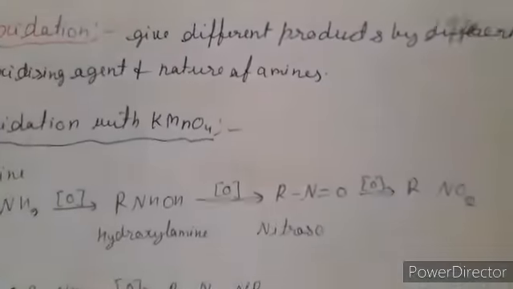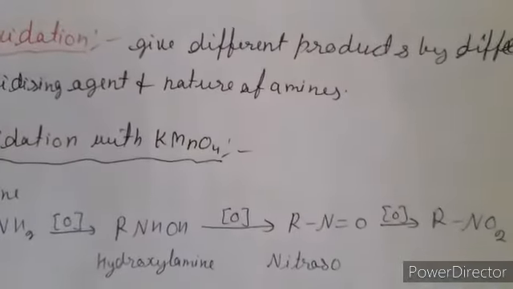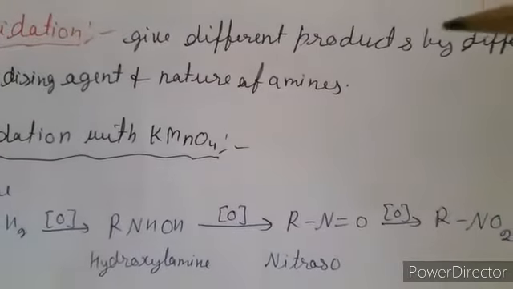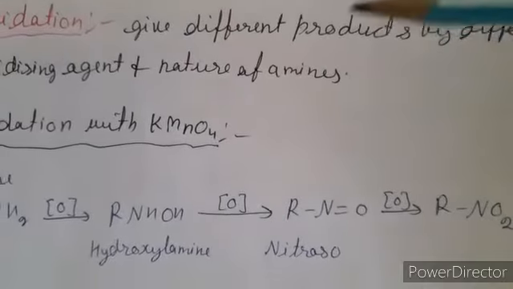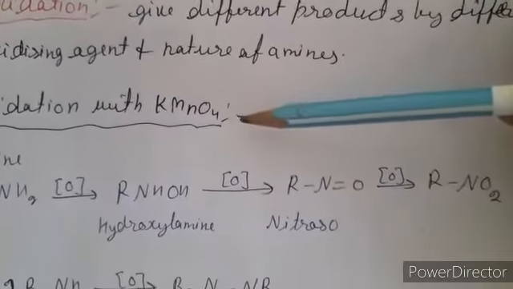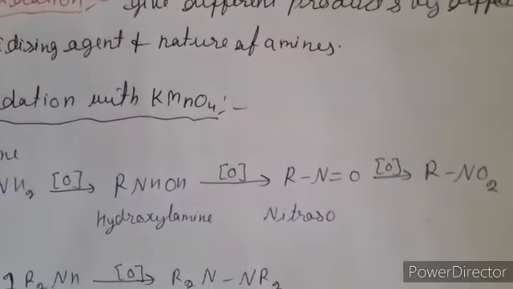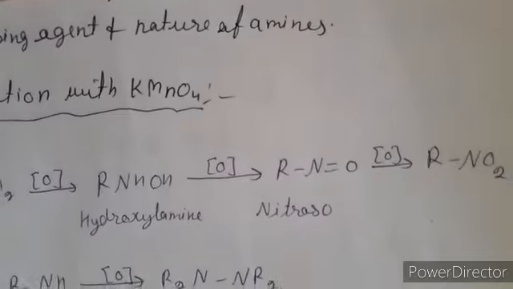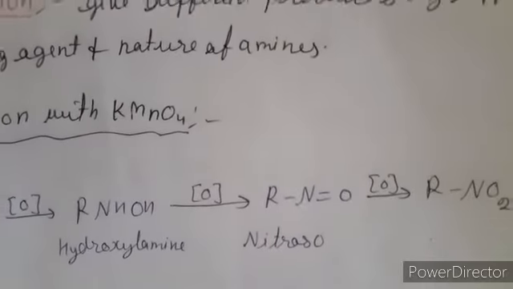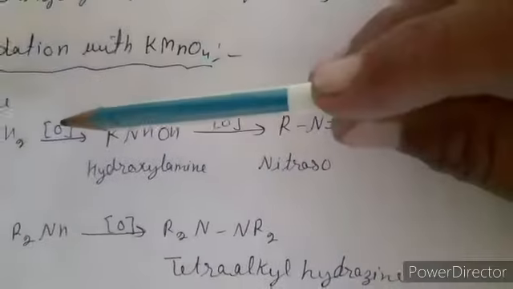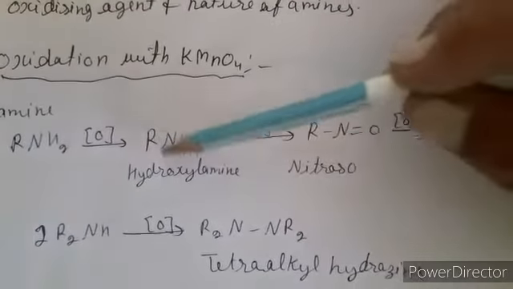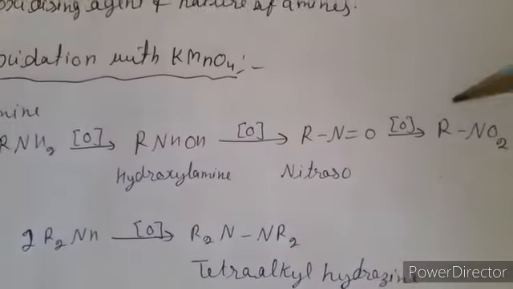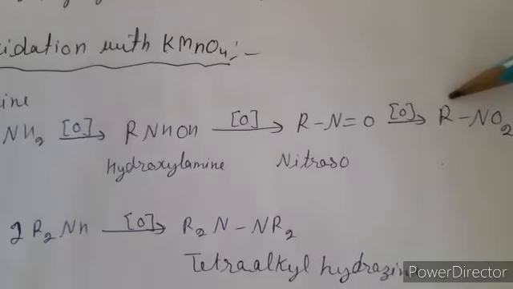Clear? Next, oxidation. Different amines give different products when oxidized by different oxidizing agents, and the product depends upon the nature of the amine. First we oxidize with KMnO4. Primary aliphatic amines oxidize with potassium permanganate to give nitro compounds through a sequence of reactions. The primary amine oxidizes to form a hydroxylamine, which further oxidizes to a nitroso compound, and further to a nitroalkane.